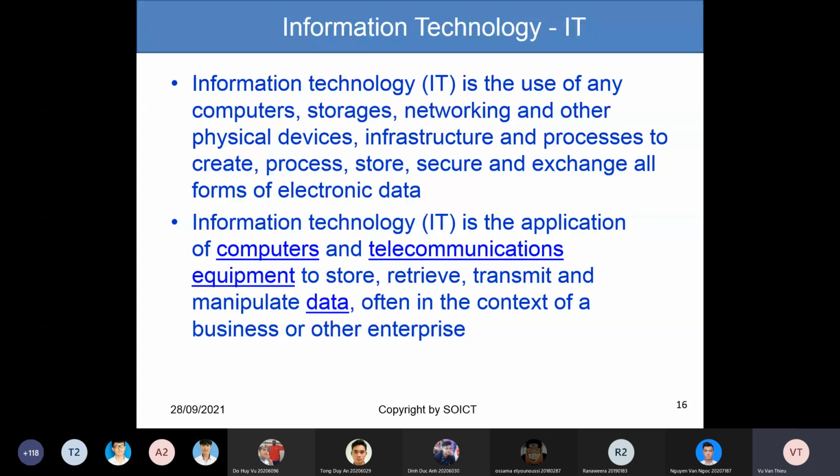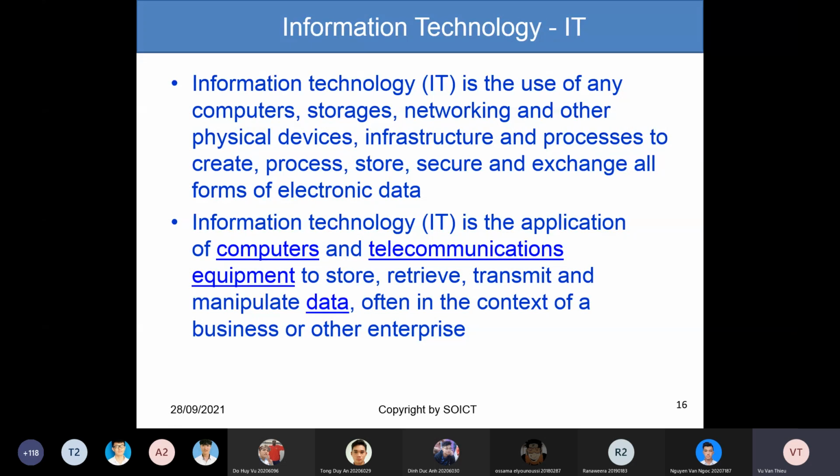So the concept of IT is more about how to use computers and related devices in real life, right? That is the difference between informatics and information technology.